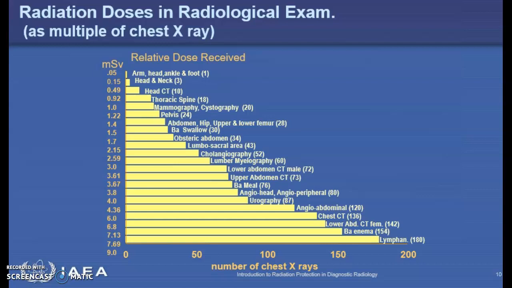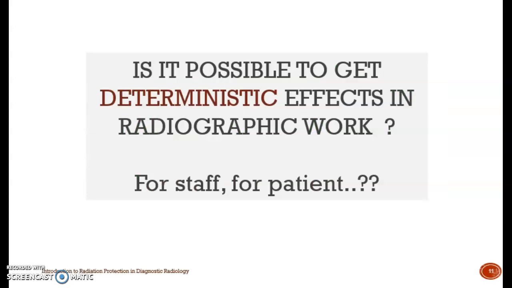And there are two types of radiation effects we commonly refer to, which is stochastic and deterministic effects. Now, stochastic is long-term effects, and deterministic is short-term effects like erythema, reddening of the skin burns, cataracts, and so forth. So do you think it's possible to get deterministic effects in our line of work?